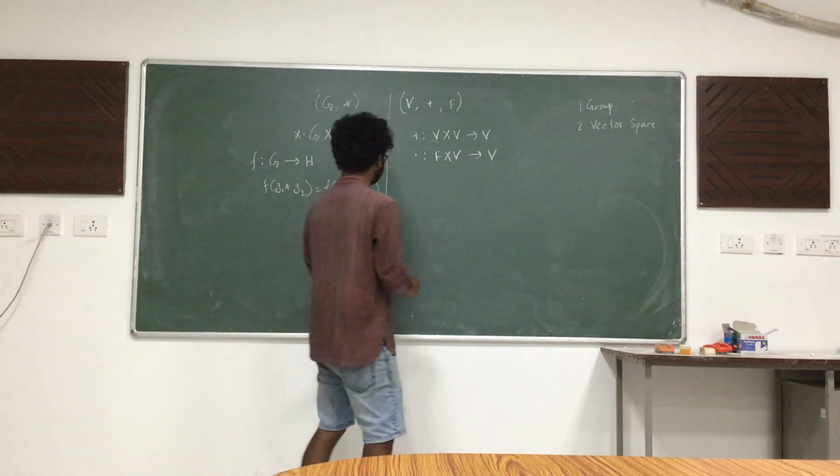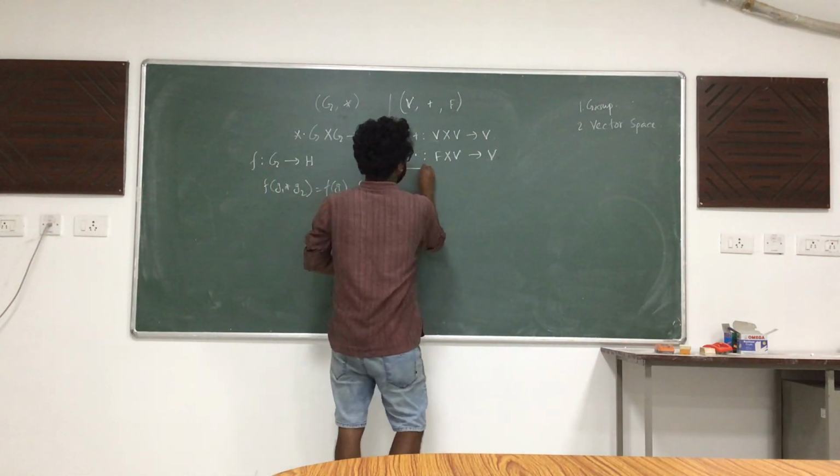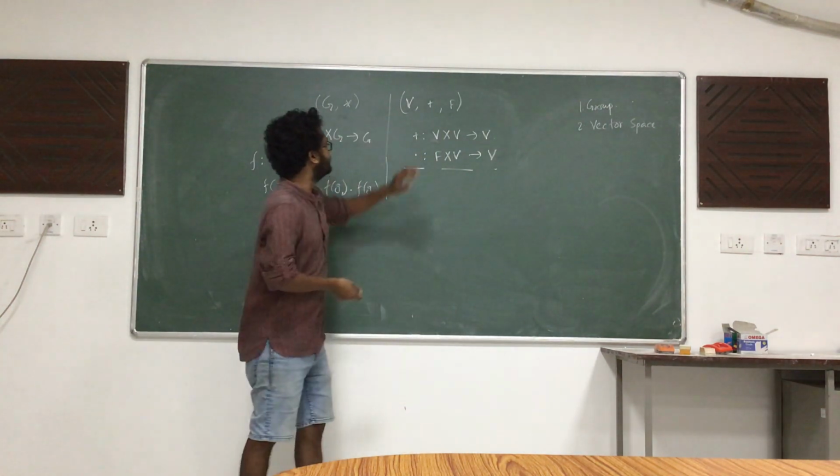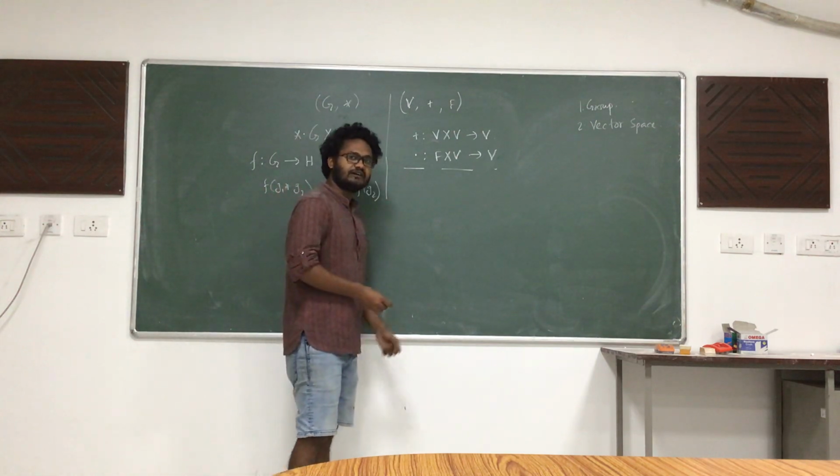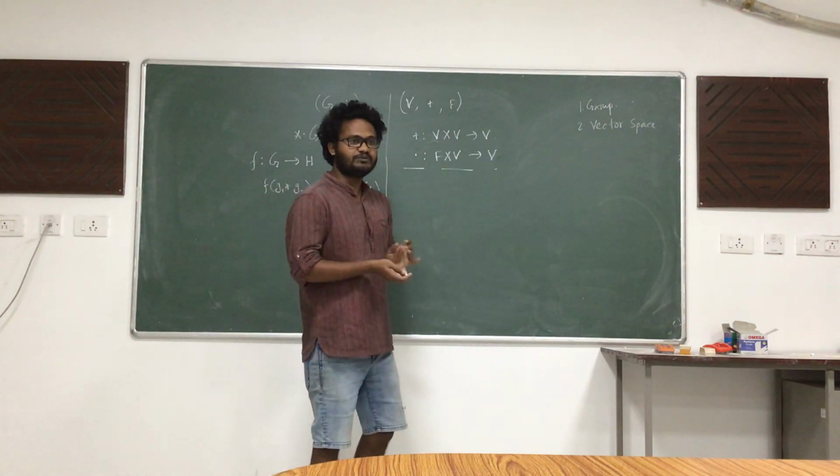So that is understood. And in the case of vector spaces, we have linear transformation as the structure preserving map.